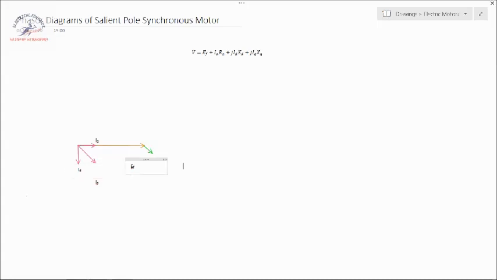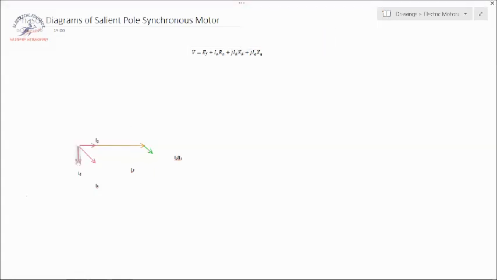Next, to this vector I have to add IDXD and j, which is 90 degrees. First, this IDXD vector is a voltage drop, and jIDXD indicates it will be at a 90 degree angle to ID. Okay, so the ID vector is here and I want jIDXD. IDXD is a voltage drop and voltage leads current in the inductor.